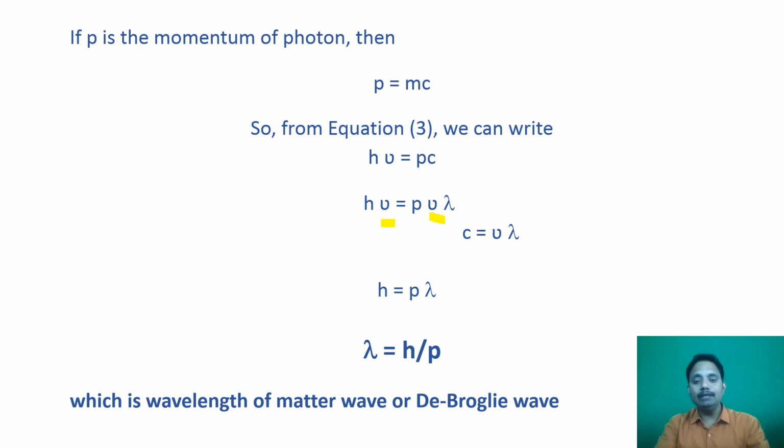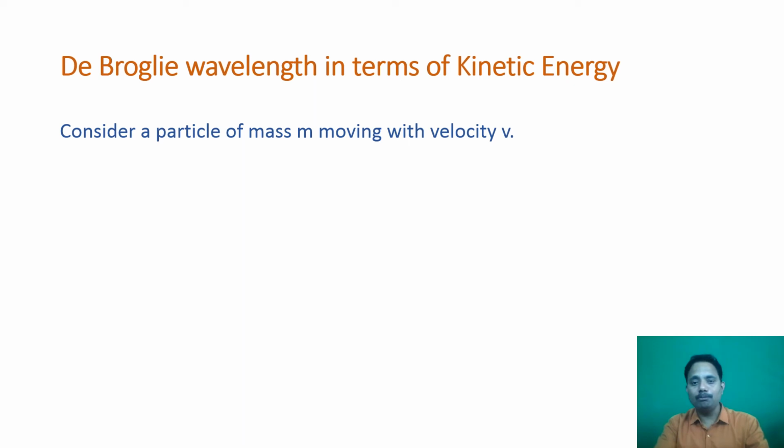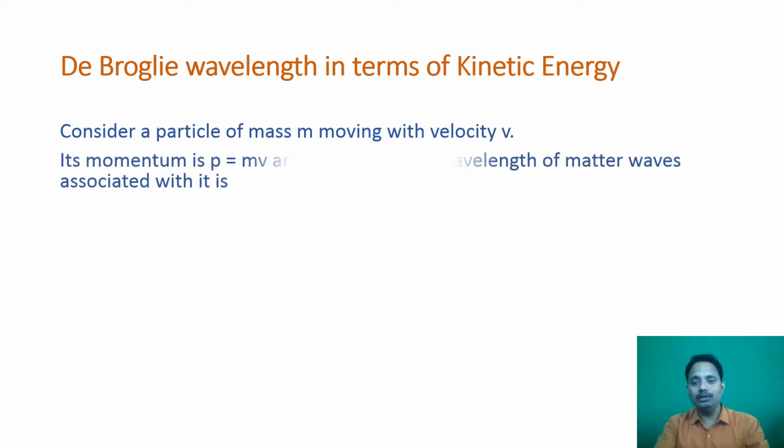Now, the de Broglie wave we can write in different forms, for example in terms of kinetic energy, accelerating potential, or rest mass. First, we'll see the de Broglie wave in terms of kinetic energy. For that purpose, consider a particle of mass m moving with velocity v.